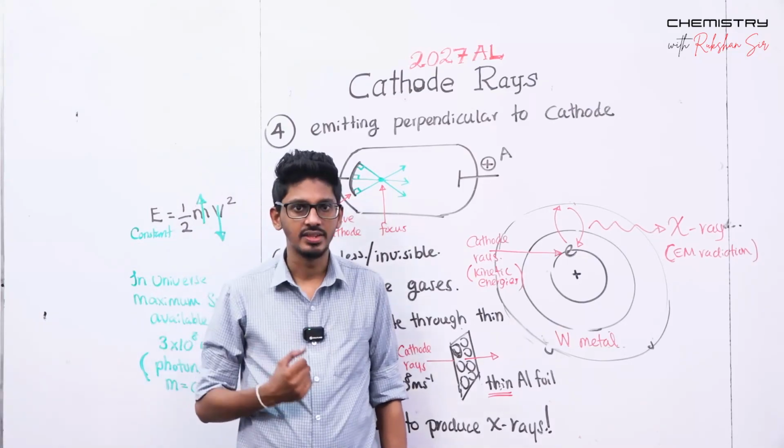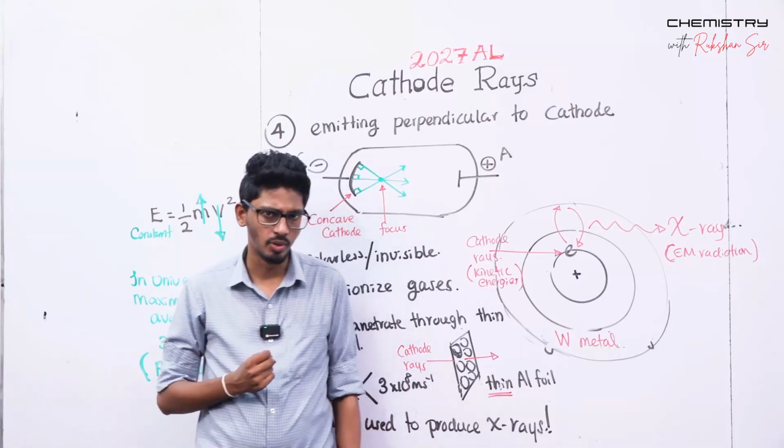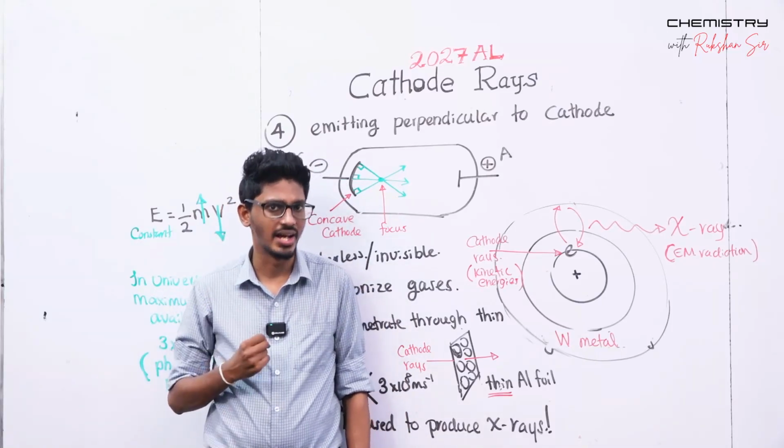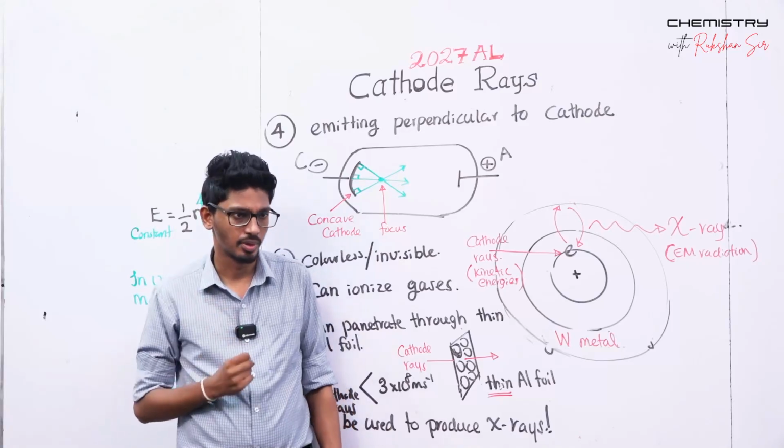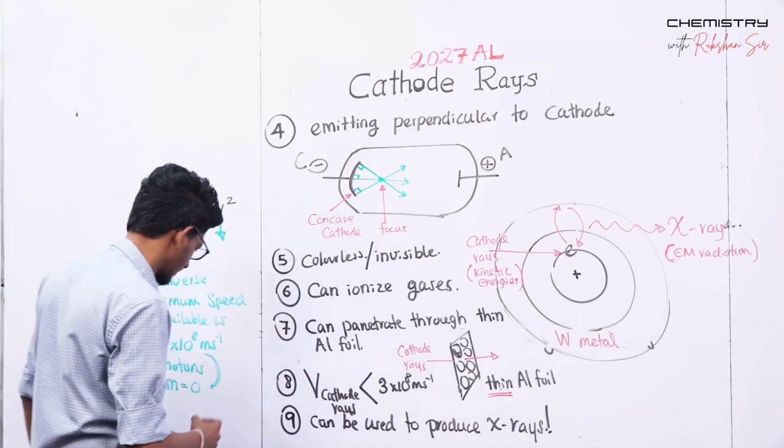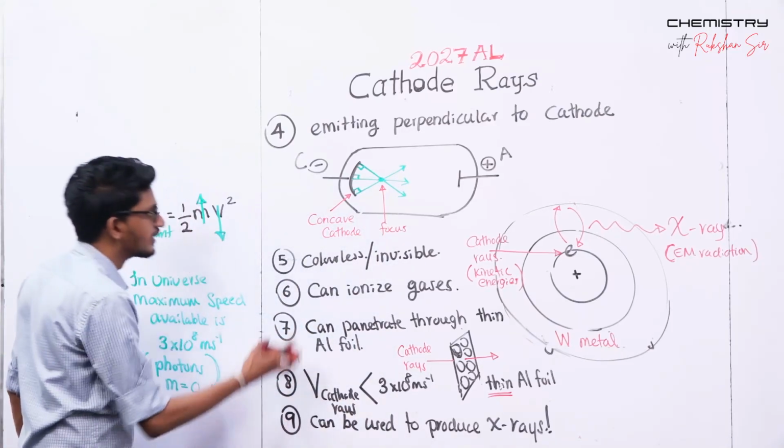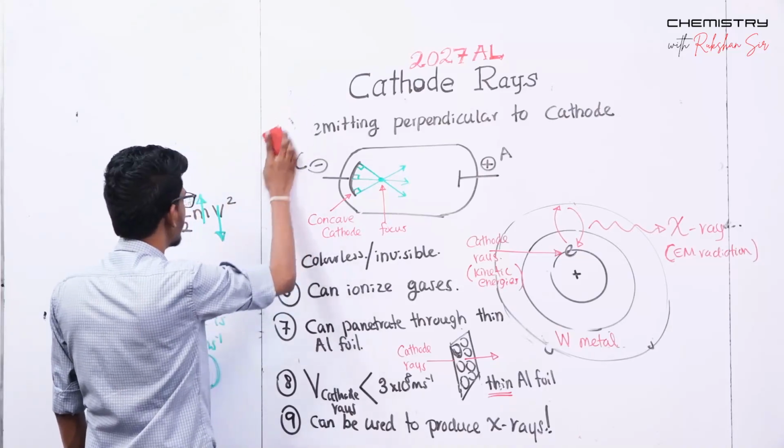Then we'll discuss the 10th property. The 10th one is very important and that is mentioned in the resource book as well. Let's come up with the next property of cathode rays. First we'll erase this stuff now to discuss the 10th very important property.